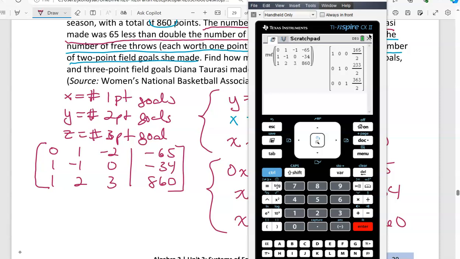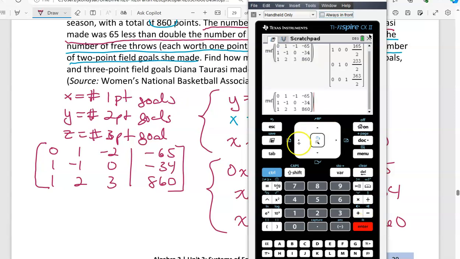And upon checking all my work, I discovered that I misentered one of the coefficients. Just copied incorrectly from my paper, so I'm now going to correct that. The coefficient of z in the first equation was negative 2 and not negative 1.